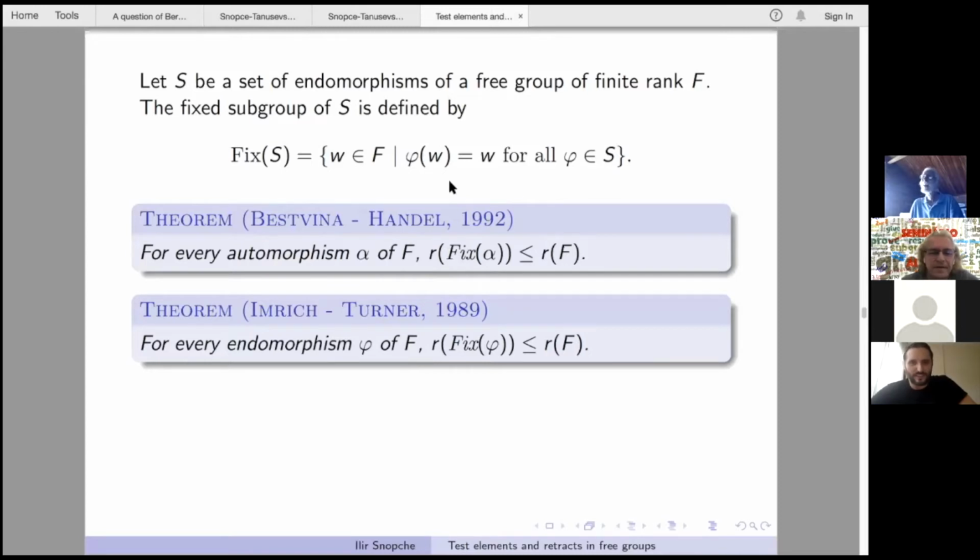So the first result in the area is since 1975, where Dyer and Scott proved that if you have an automorphism of finite order, then Fix S is a free factor. But this was a particular case, automorphism of finite order. And Gersten proved it for any automorphism. Yes, you are completely right. And it was in 1983 when Gersten proved that, 83, not 87.